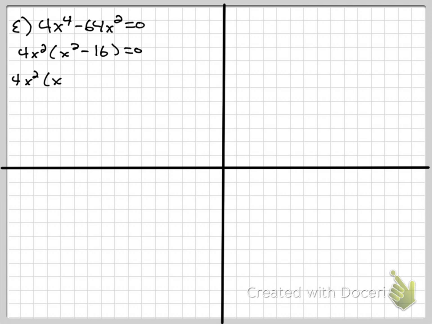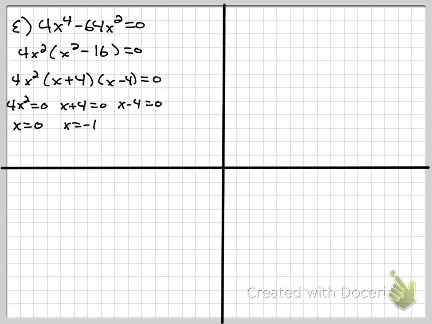So I have 4x squared times x plus 4 times x minus 4 equals 0. I set all the factors equal to 0. 4x squared equals 0 is just going to be 0. Then we subtract 4 and get x equals negative 4. Add 4, get x equals 4.